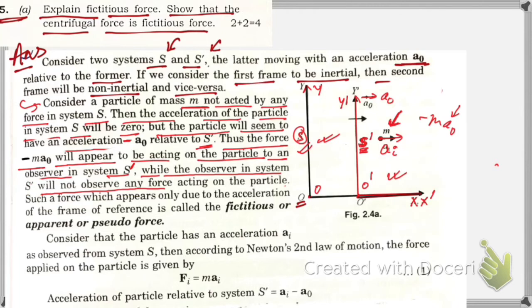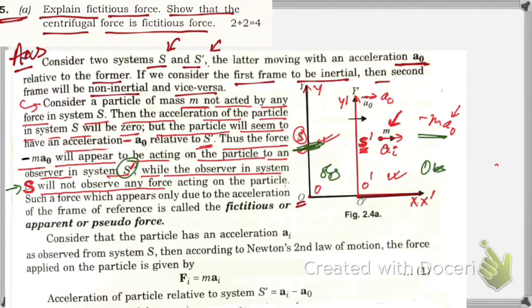This should be S, not S dash. Okay, make this correction. This is S and here is S dash, because this one is S dash, that's correct, right? But it should be S, because the observer on this system will observe this force, but the observer on this system S will not observe any force, because with respect to this frame S, this particle is at rest, right?